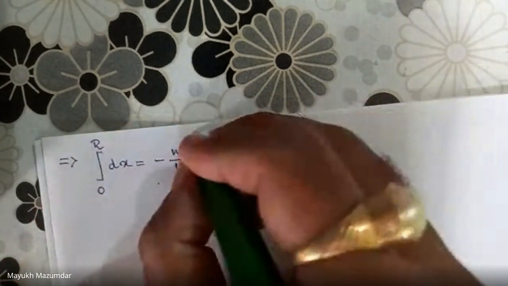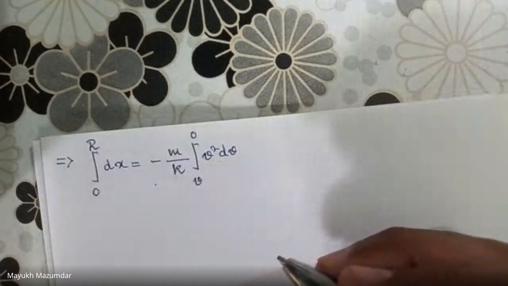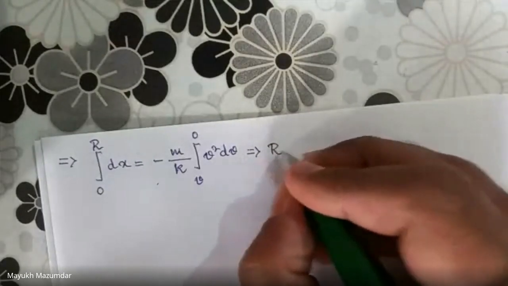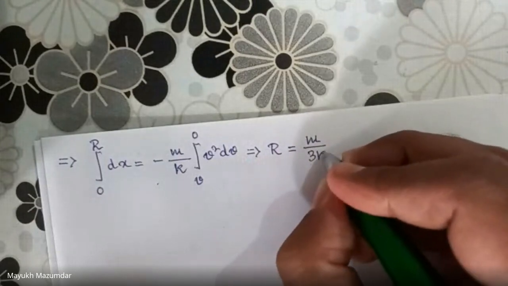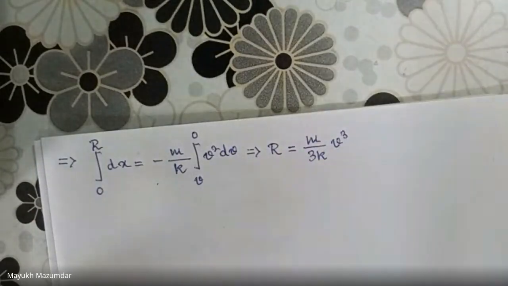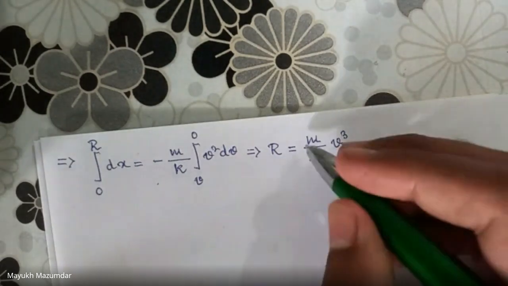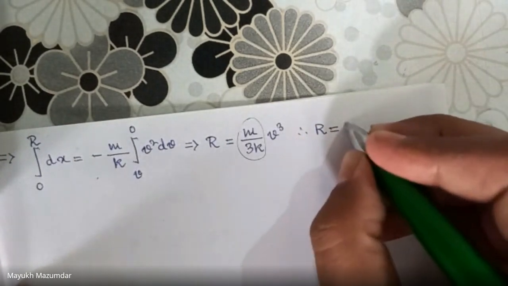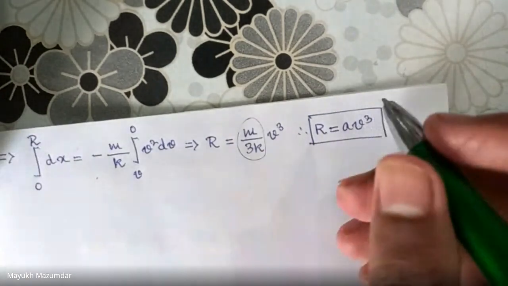Once it has traveled its range, it will come to rest. So for dx the limit is from 0 to r, and for v it is v to 0. Put them, and what you will get is r equals m by 3k v cube. So m by 3k is a constant. So r equals a v cube. That is the Geiger law.